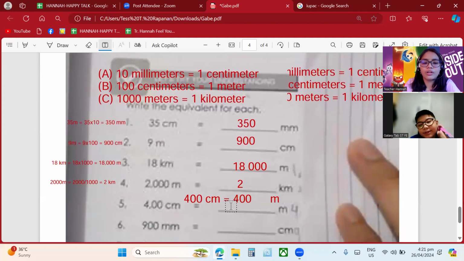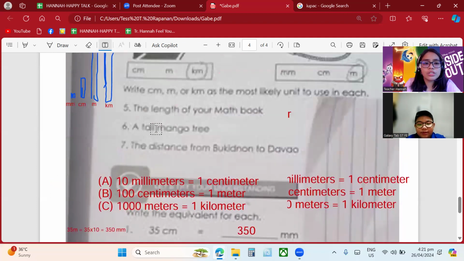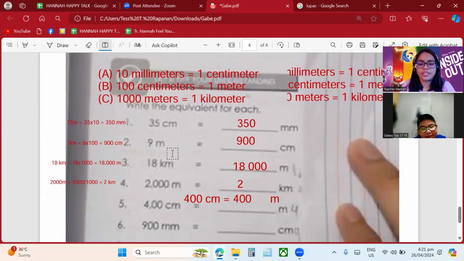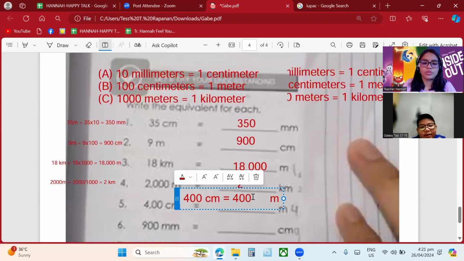So we are going from centimeters to meters. Going longer or shorter? Longer, because meters is longer than centimeters. So that means we are going to divide. Okay?